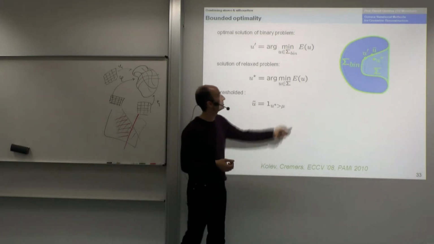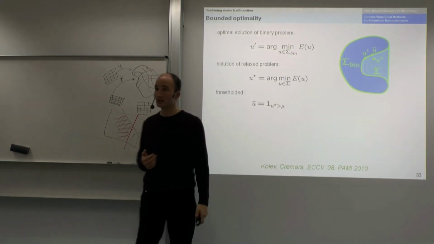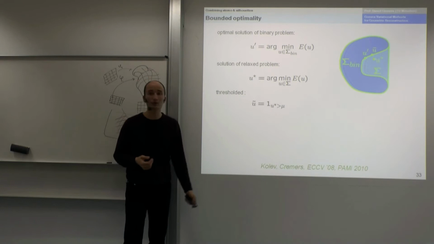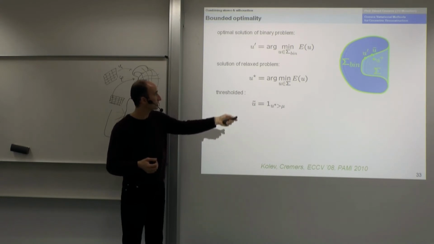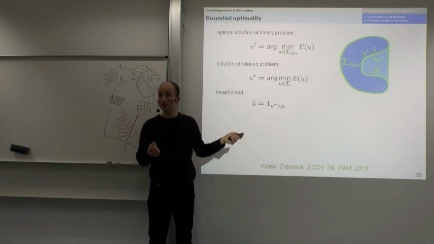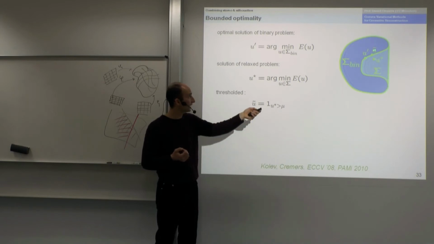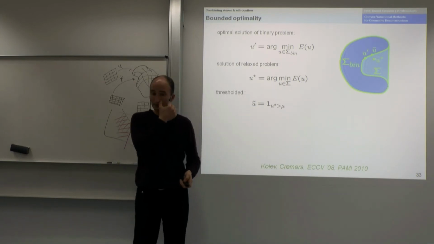And now you see that U tilde and U prime are not necessarily the same. In general, this is where you kind of lose optimality, that getting from the solution of the relaxed problem back to imposing the original constraint, the binarity constraint, you kind of disregard the cost function in that step. And so you find something that is binary, but is not necessarily the optimum.